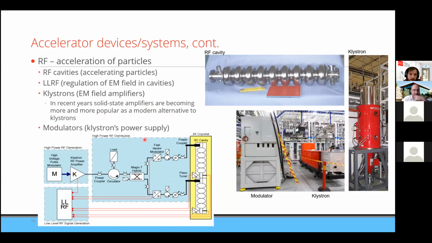Klystrons are also powered with modulators, which provide power to klystrons. And then you have low level radio frequency. Basically, that is a regulation of the EM field in cavities. And here is a diagram of how this regulation, this closed loop, is performed.